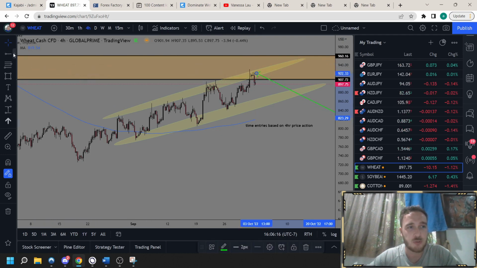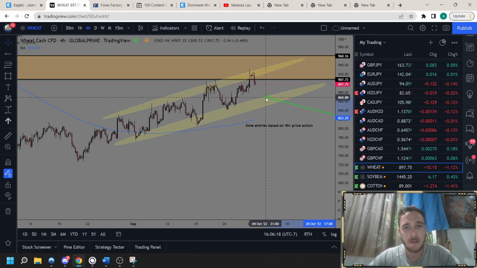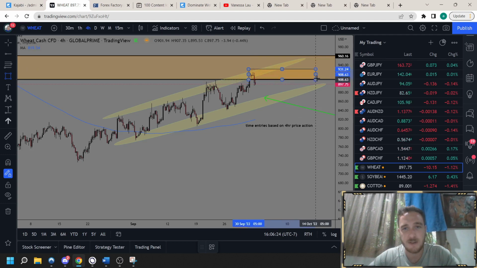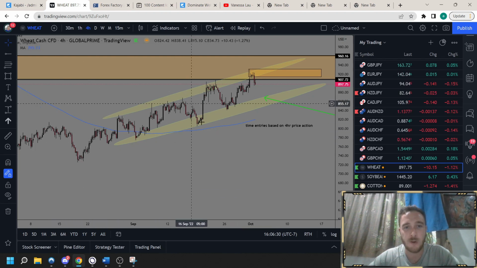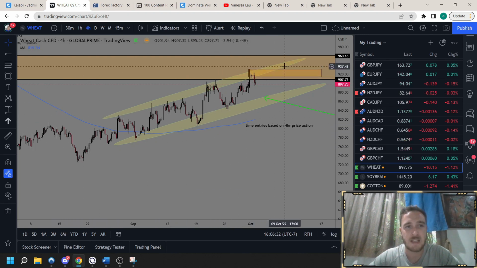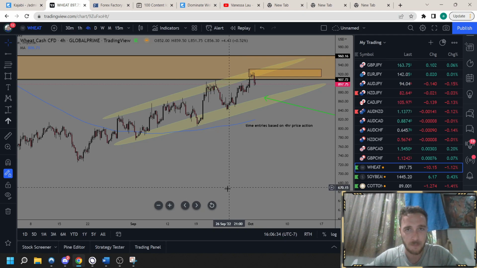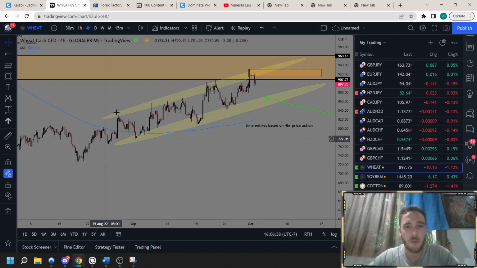Now, if prices drop down here, let me ask you something. If prices drop here and you found a very nice supply zone setup here, would you take it? Would you take it given the fact that you know what the general price action here on the 4 hour is? Probably not, right? It's probably not a wise idea.